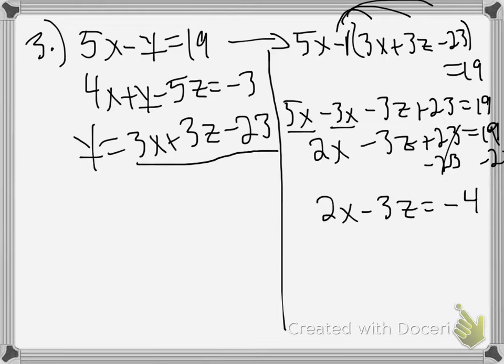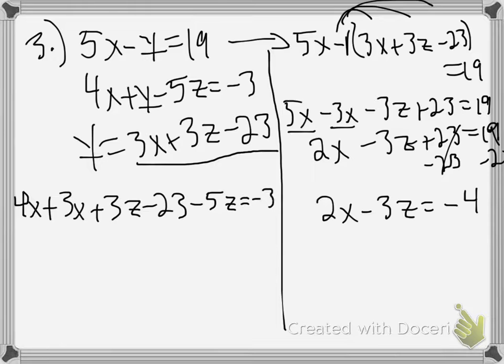Now I need to plug my expression into my second equation. So I get 4x plus 3x plus 3z minus 23 minus 5z equals negative 3. I just replaced y right here with this expression, 3x plus 3z minus 23. So I have a pair of like terms here, which gives me 7x.